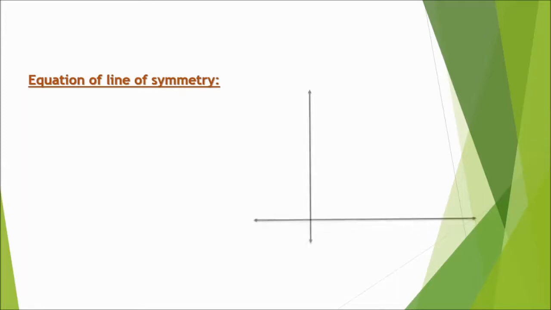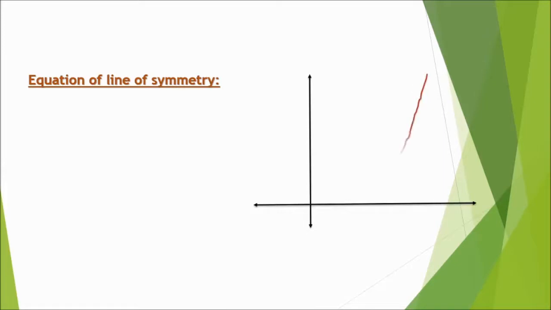So now the equation of line of symmetry. Let's find the equation of line of symmetry. You need the concept of grade 9 here. Now this is the coordinate axis, and this is a hand drawn curve.